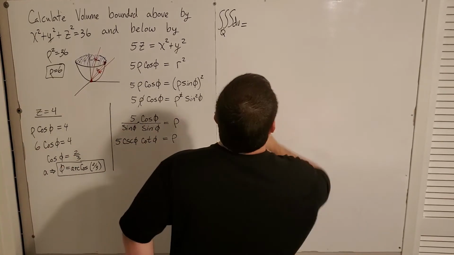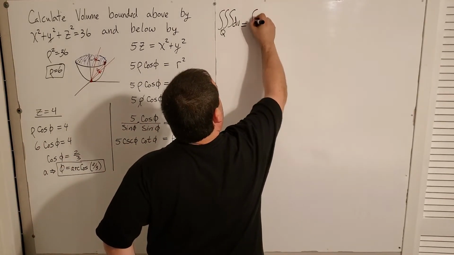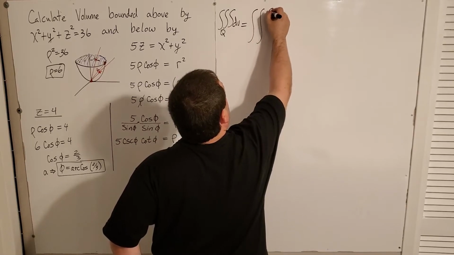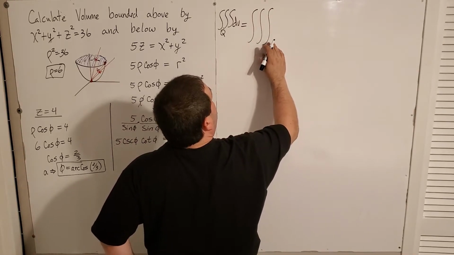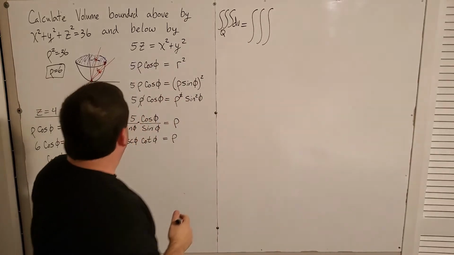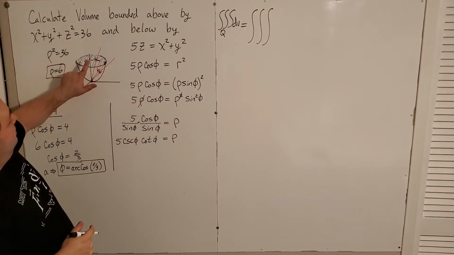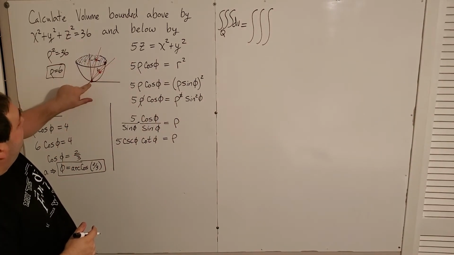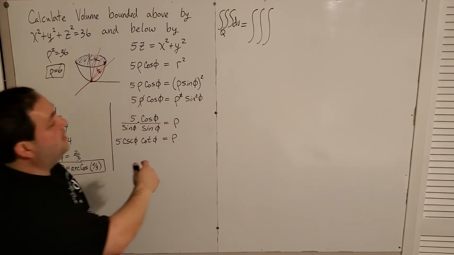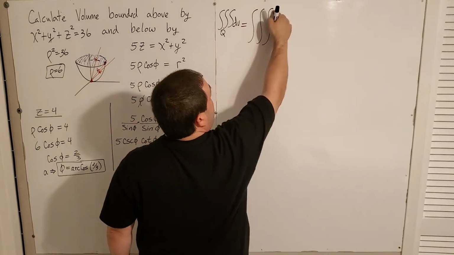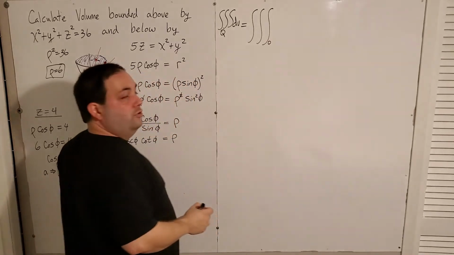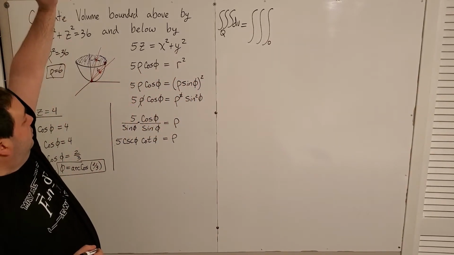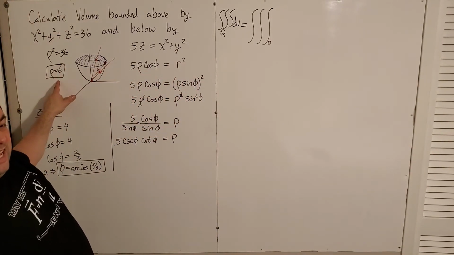Okay? So first integral, triple integral, let's do the sphere, right? So rho is going to be the most inside one here, is going to go from the origin 0 out to the sphere, which is 6.